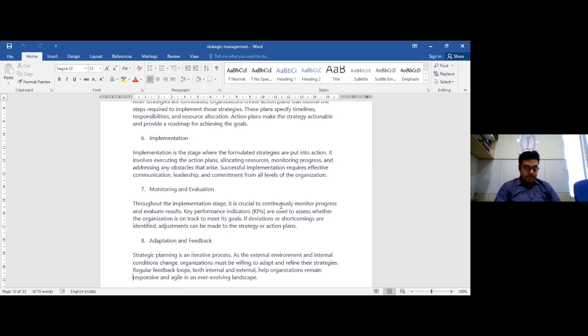So in terms of both the conditions, we need to adapt, we need to refine strategies.